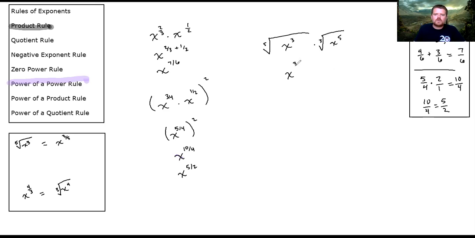Again, your power goes on top in your numerator, your index goes in the denominator. Do the same thing here. This is, once again, your product rule. So you're going to keep the base and add the exponents. So I'm trying to add 3/5 and 5/3.